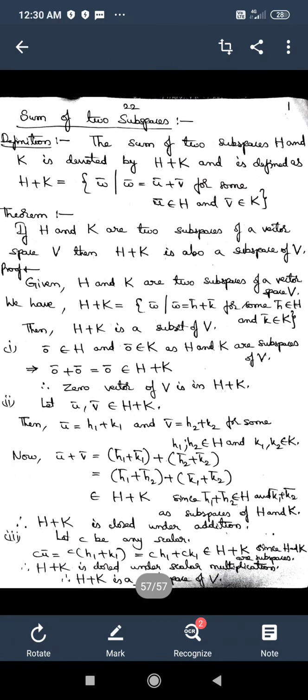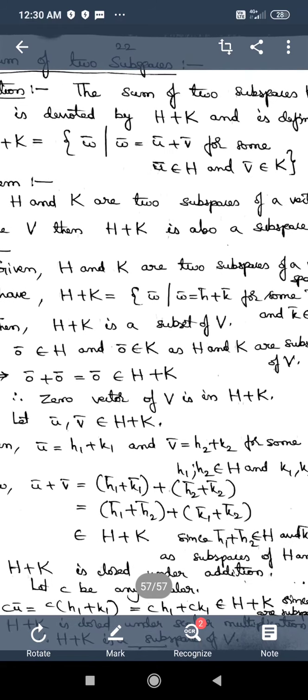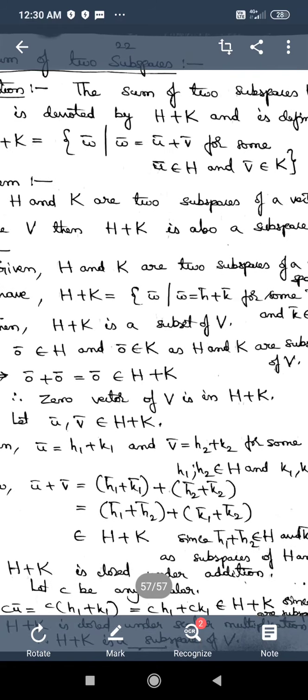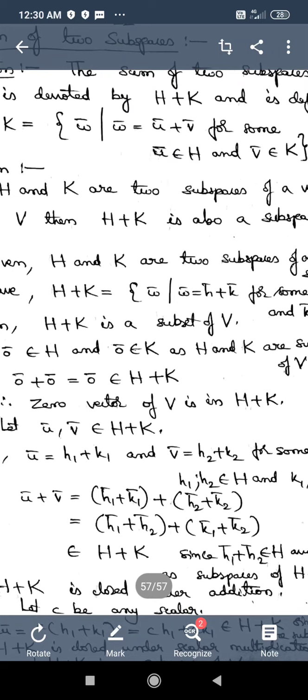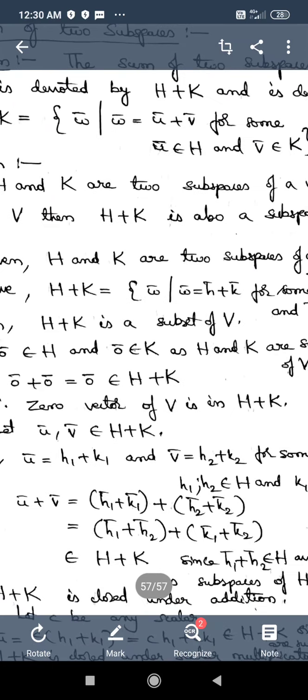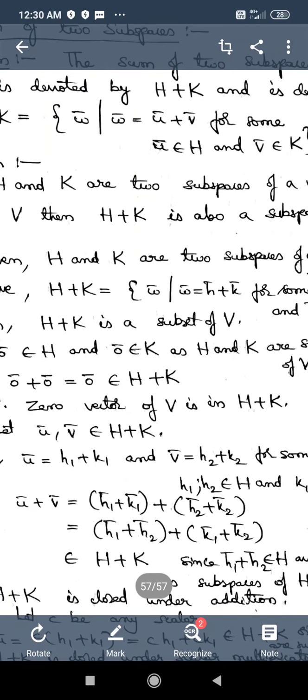Now U bar plus V bar is equal to H1 plus K1 plus H2 plus K2, and this can be rewritten or rearranged as H1 plus H2 plus K1 plus K2 by the associativity, as when we consider H and K together, we can say that this is the associativity from the vector space V itself.